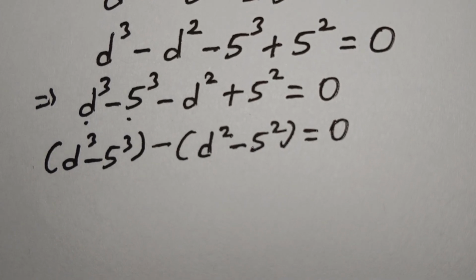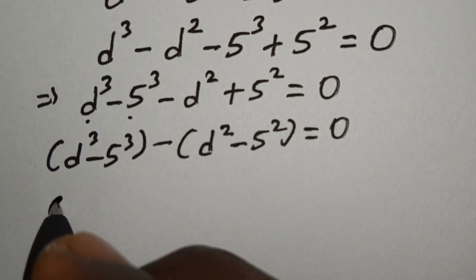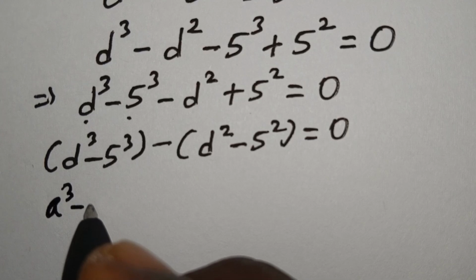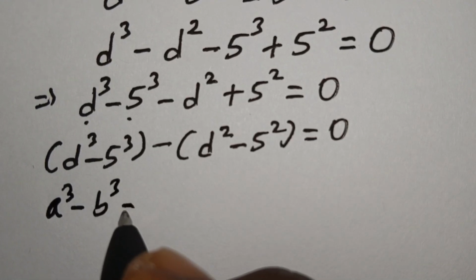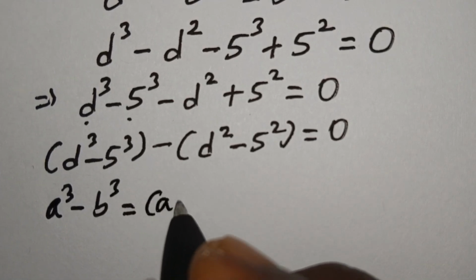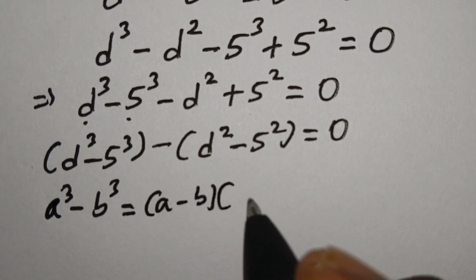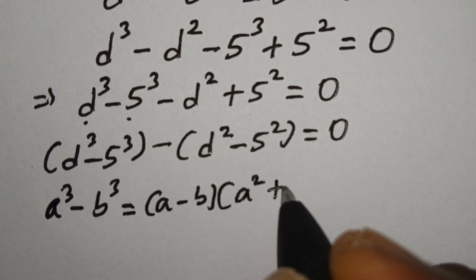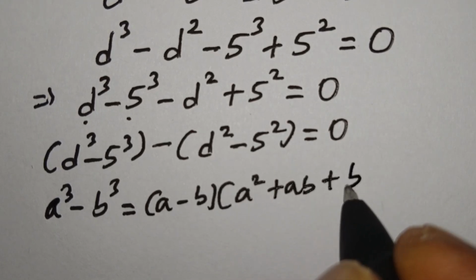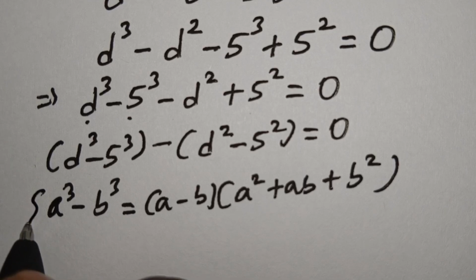Let's continue. Recall that A to the power of 3 minus B to the power of 3 is equal to A minus B times A square plus AB plus B square. Take note of this identity.